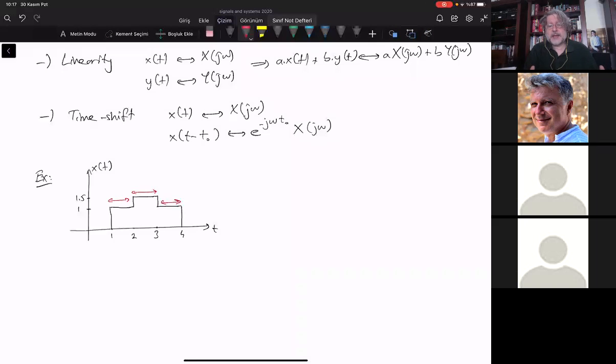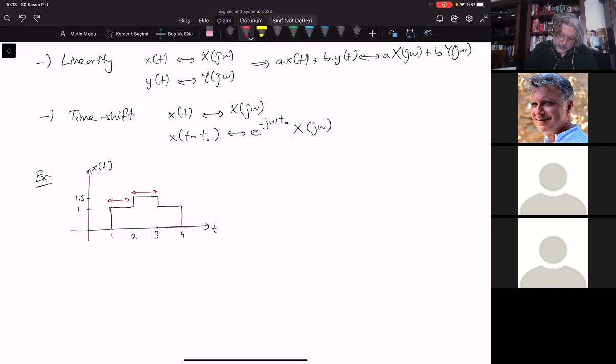So you can solve it as shifted versions, where you apply this shift property, shifted versions of a rectangular box around the origin. So they shift by different amounts, and they scale by different amounts. One of them is scaled by 1, the second one by 1.5, and the third one again by 1. And then you combine. So you use the linearity property. That is something that you can do.